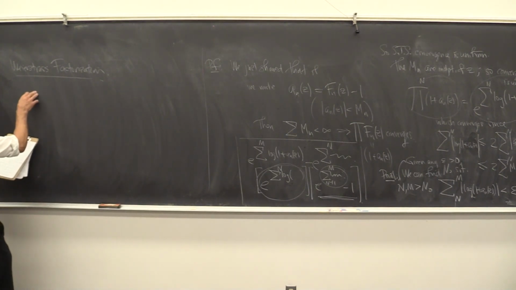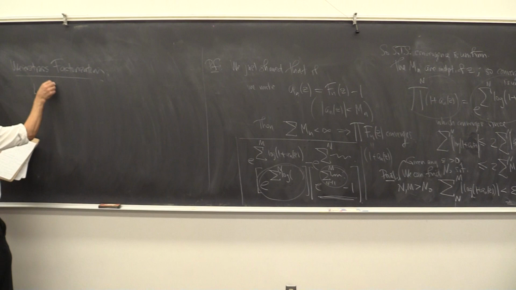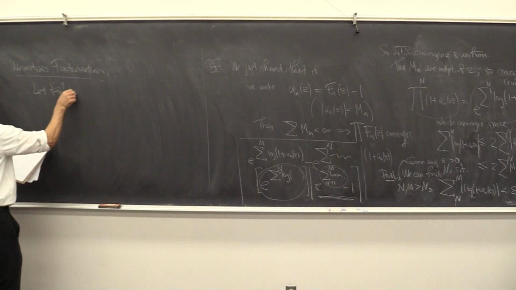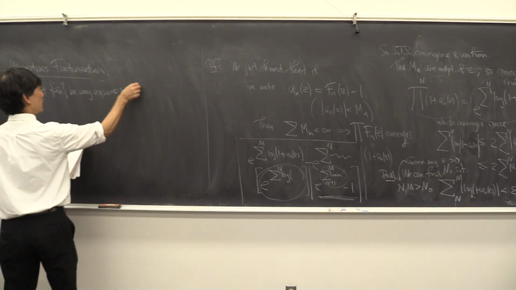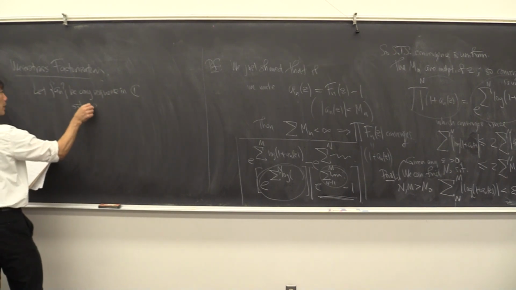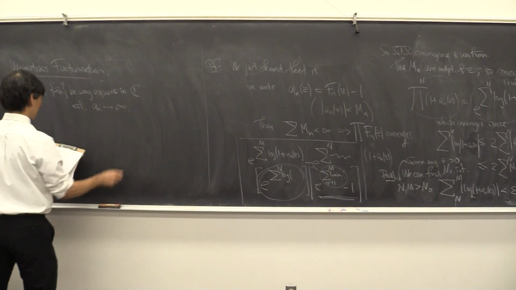Let me state the theorem. It goes like this: let A sub n be any sequence in C such that A sub n goes to infinity.